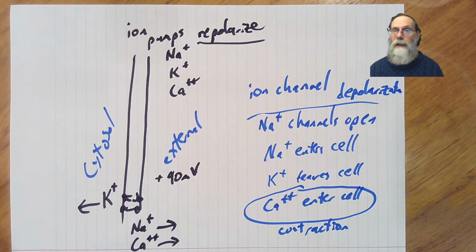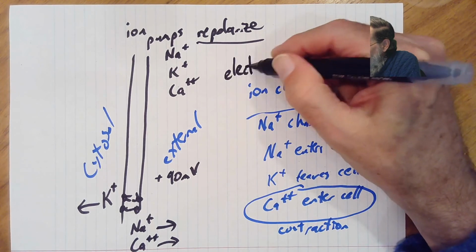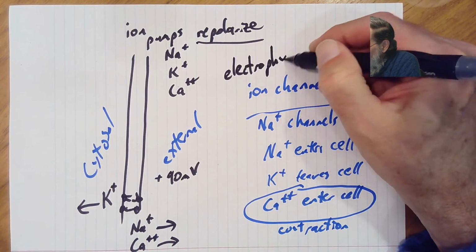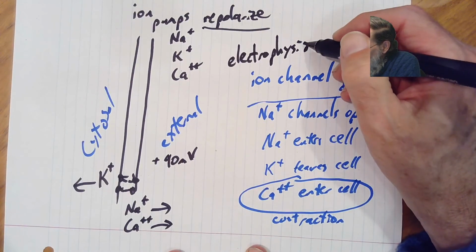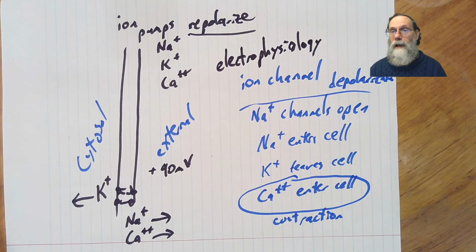probes into individual cells. There's a whole field of science known as electrophysiology, which basically studies the electrical behavior of cells, and a lot of that is based on the ion pumps and ion channels.